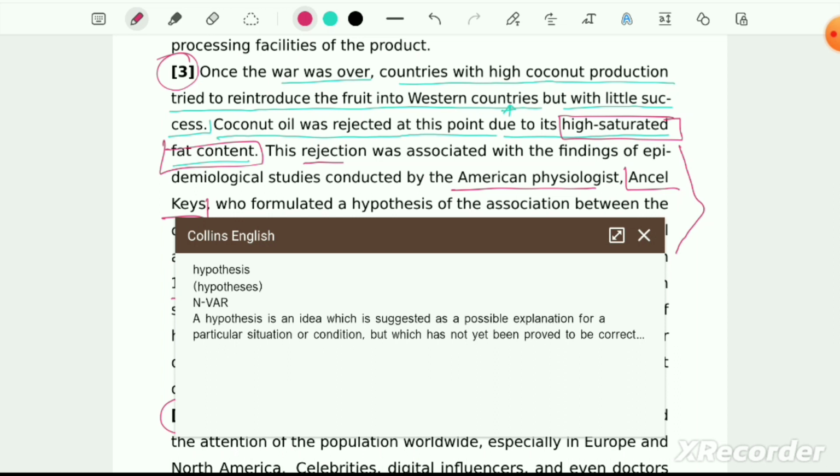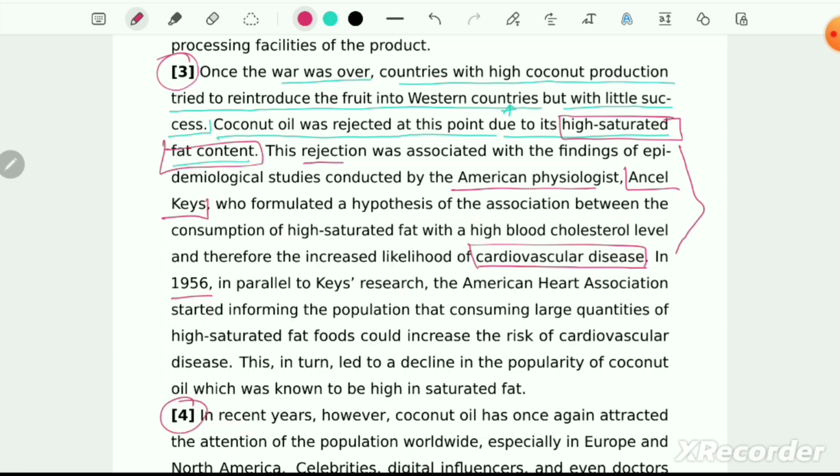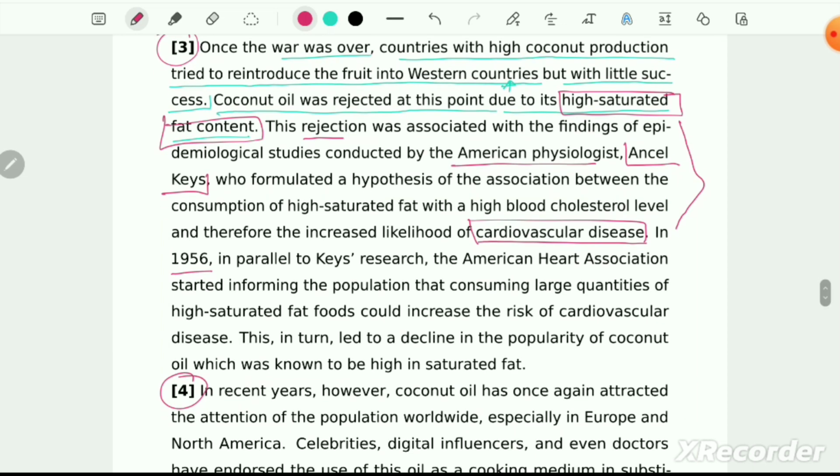So after scientific examination, a hypothesis can be proved or can be rejected. A hypothesis is an idea which is suggested as a possible explanation for a particular situation or condition, but which has not yet been confirmed. Okay, let's read the next sentence.